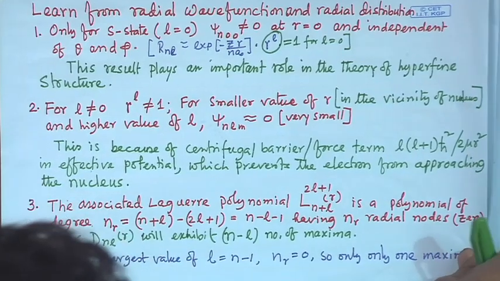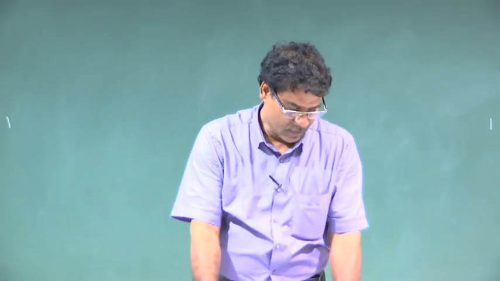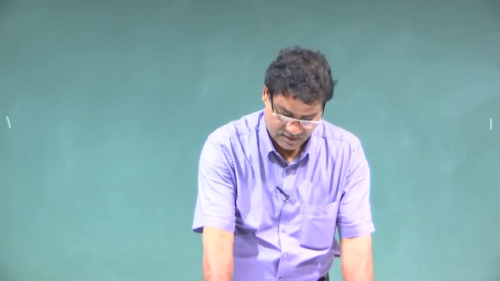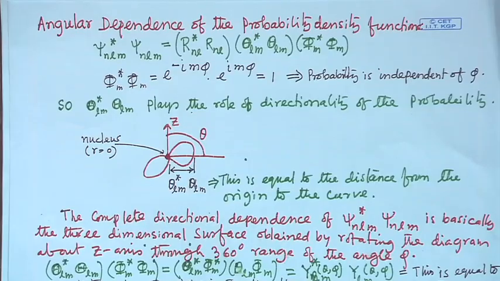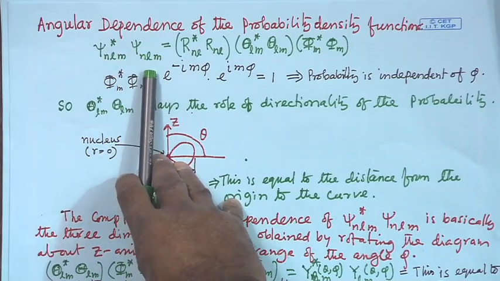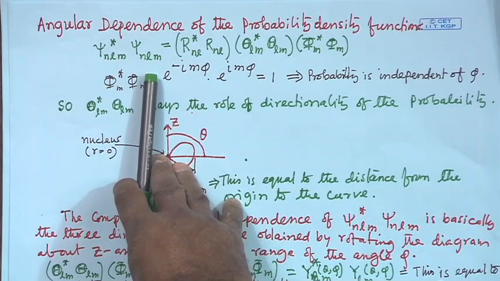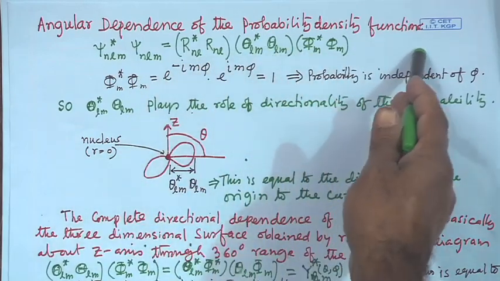Now we will see the angular dependence of the wave function. The radial part we have seen, the radial probability density. Now, the angular dependence of the probability density.